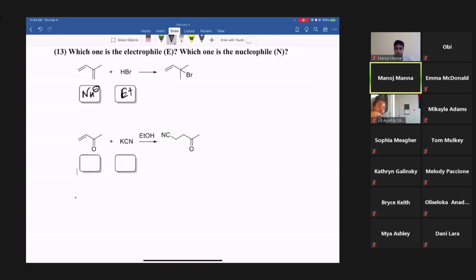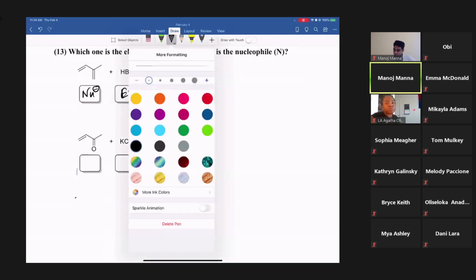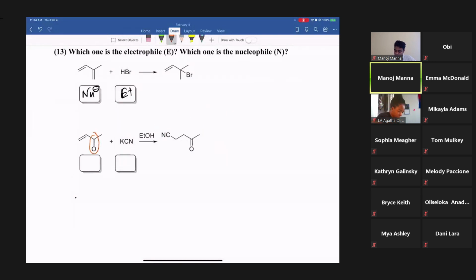Okay, now how about this one? Can you recognize that particular stuff I mentioned earlier? Here the mechanism is a little different because not only carbonyl, here you have a double bond. So basically KCN means you have K plus and CN minus.